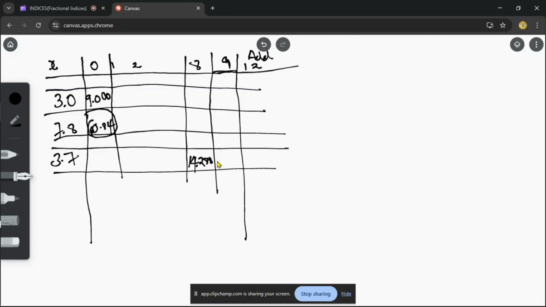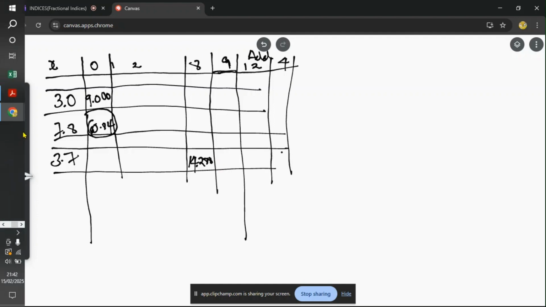But still, we are not done with the number. It was 3.784. So the last, this is the first decimal, the second one, then the third I will check here. So I go where you have 4 here, and I ask myself, what is the number that lies here?